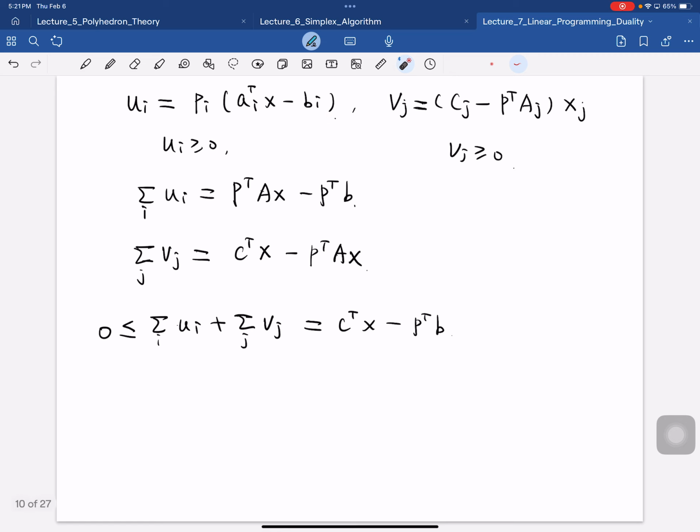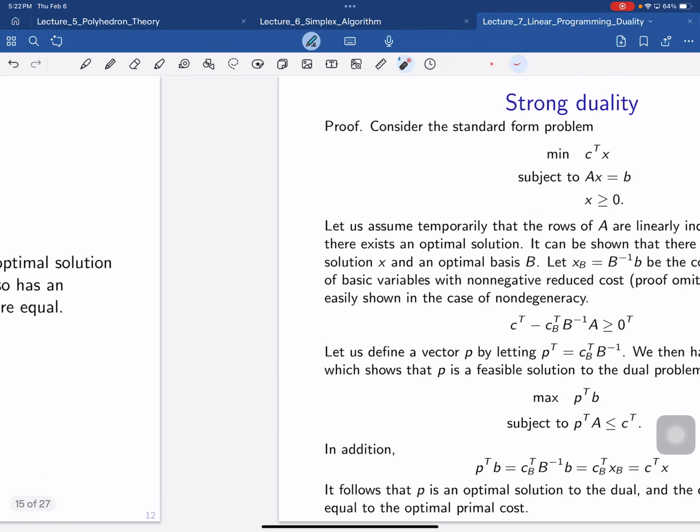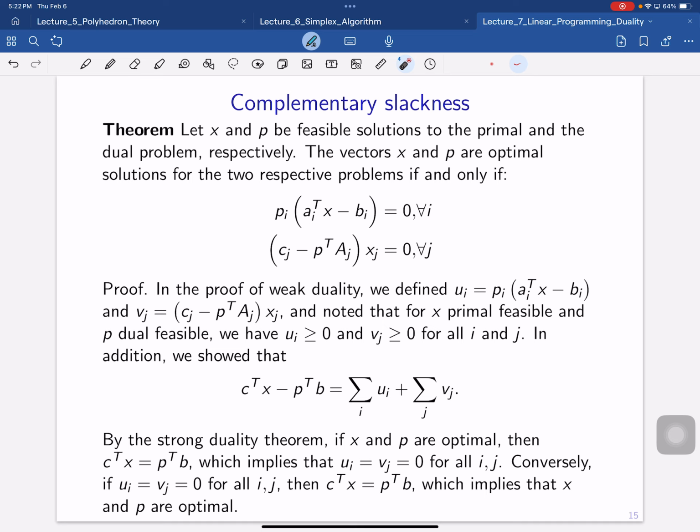If they are equal to 0, that means whenever the primal constraint holds strictly, the dual variable must be 0, right? That's what it means. At least one of these terms must be 0 for each pair. That's what's called complementary. Okay, so now let's move it back. It should be straightforward to show that.